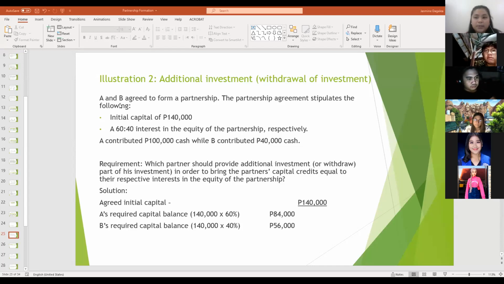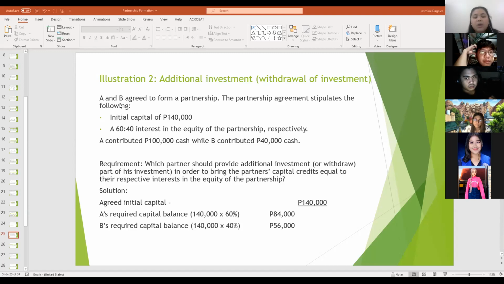So 60% interest ni A, 40% naman kay B. Tapos A contributed 100,000 cash while B contributed 40,000 cash. Requirement: which partner should provide additional investment or withdraw part of his investment in order to bring the partners' capital credits equal to their respective interest in the equity of the partnership.